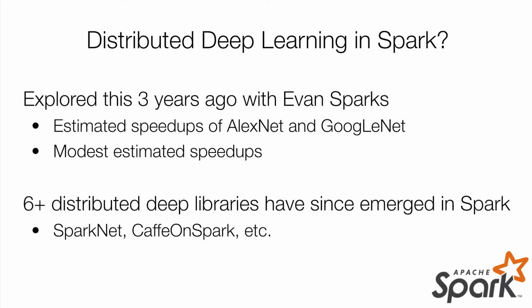I myself thought pretty hard about this, I guess 3, maybe even 4 years ago now, working with Evan. We were working heavily on Spark and on MLlib, and I get this question all the time of where's deep learning in Spark? Why don't you have a distributed algorithm for deep learning? So we looked into it. And at the time, AlexNet and GoogleNet were the 2 architectures that people were excited about.